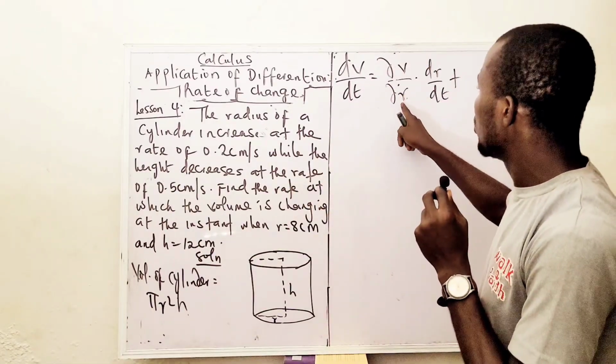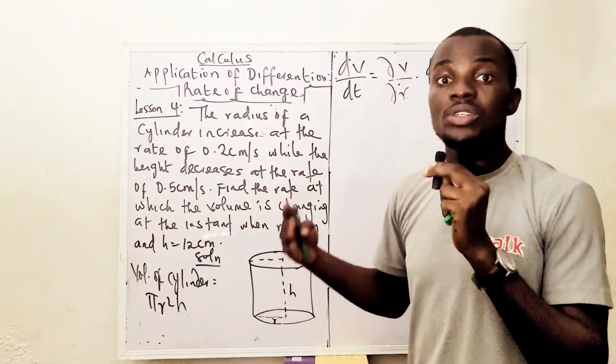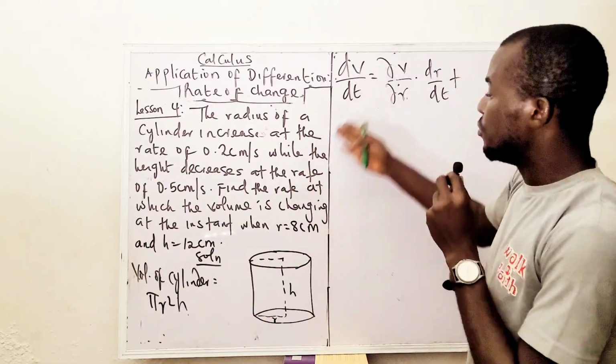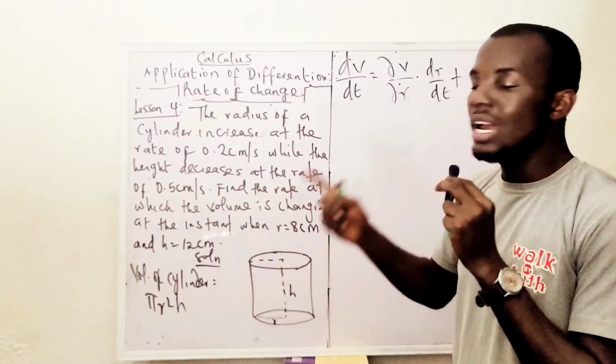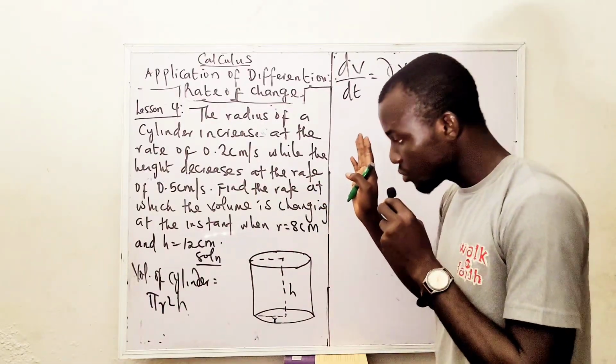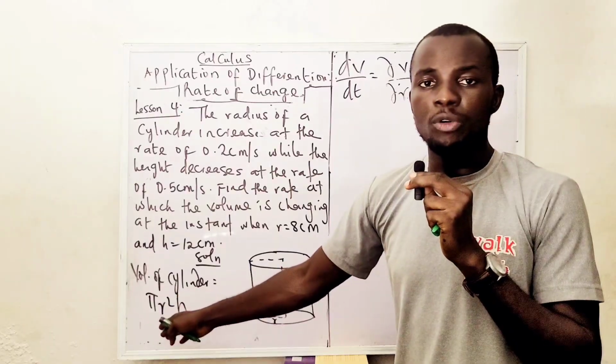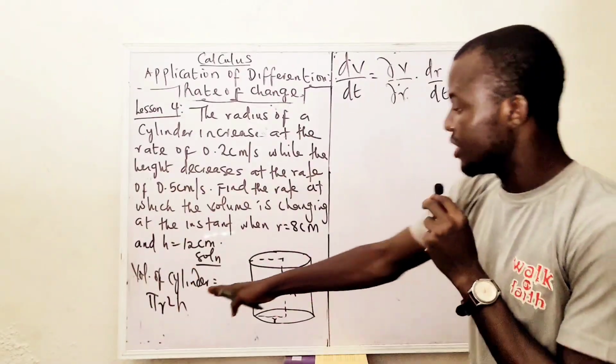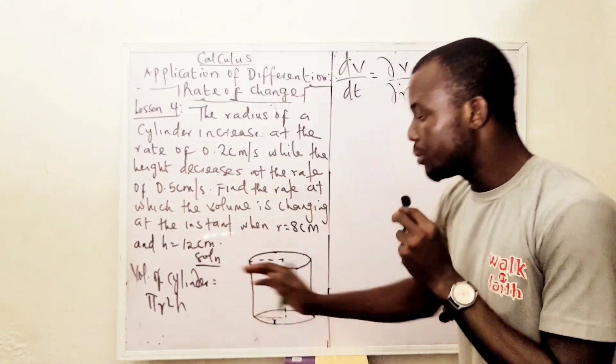In this case, what have we done? We've kept the h constant and we've differentiated the function V with respect to r. But now we are going to keep the variable r constant and then differentiate the entire thing with respect to h.